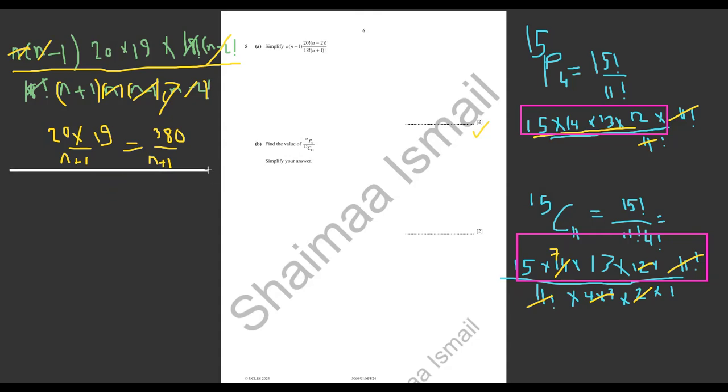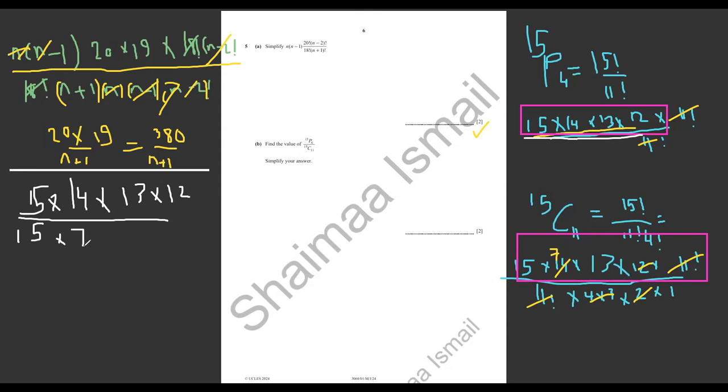Let's write them here. We have 15 times 14 times 13 times 12, divided by the same, 15 times 7.